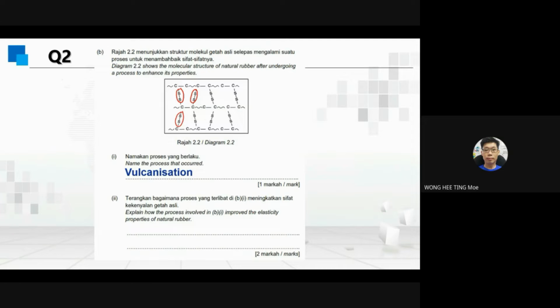Elasticity, what is the definition, class? We revise again. What is the meaning of elasticity?